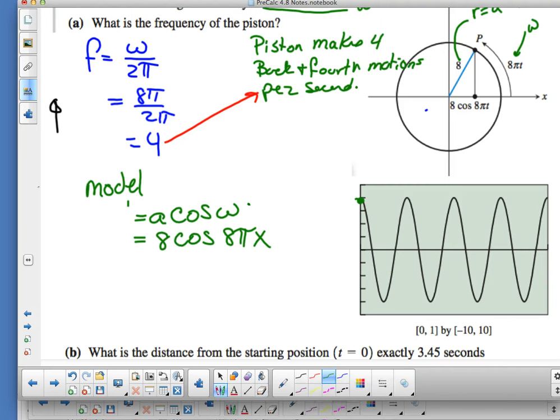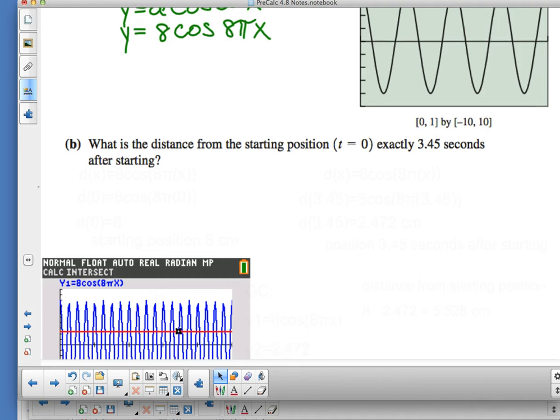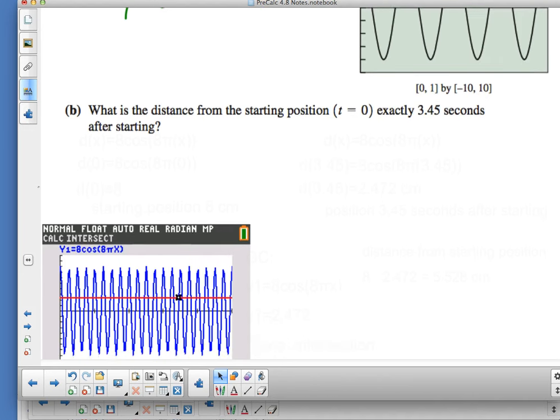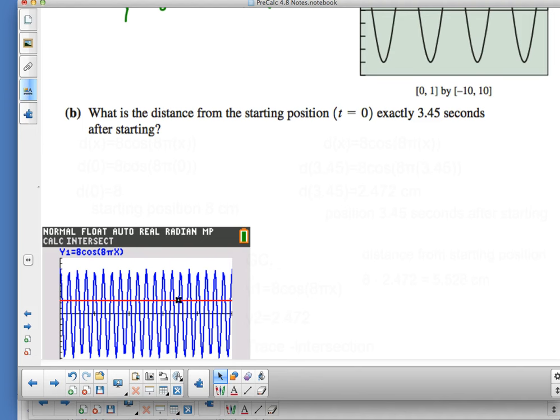We were adjusting our model to fit our graph as we need. So y is equal to 8 cosine 8 pi x. Okay, and perhaps I should have done that when I did this setup. Now, what's the distance from the starting position?